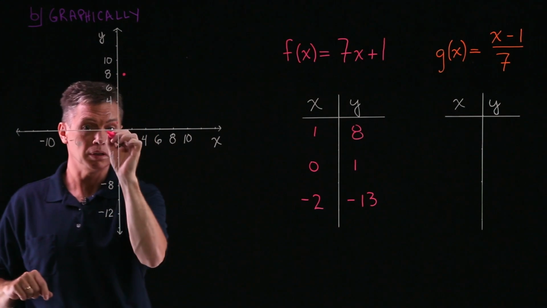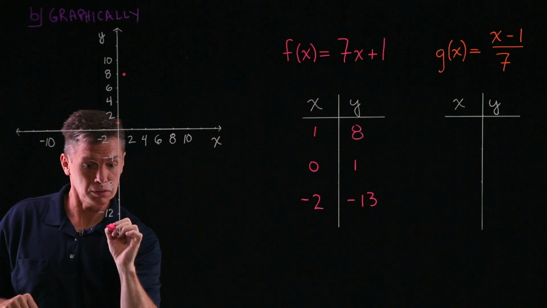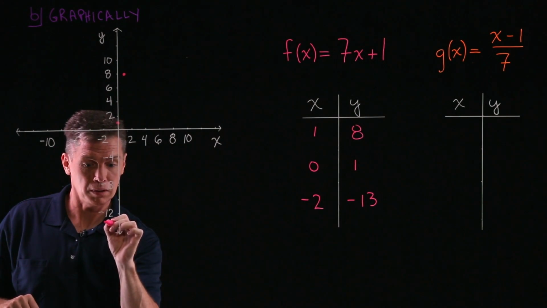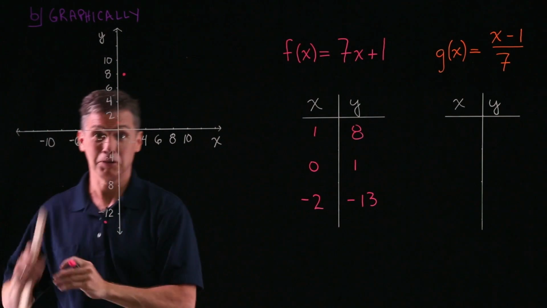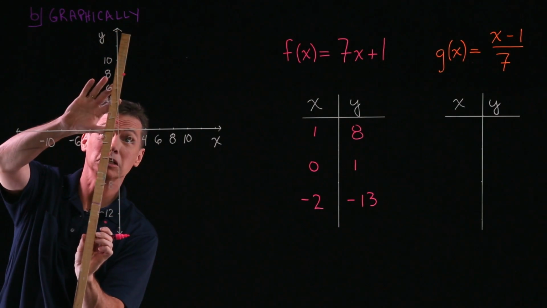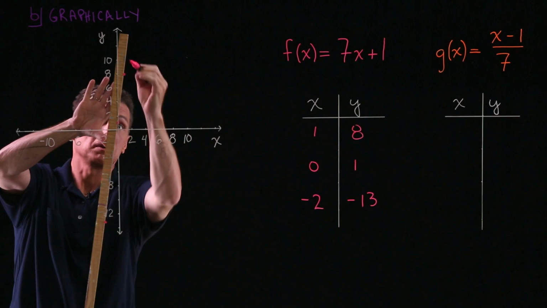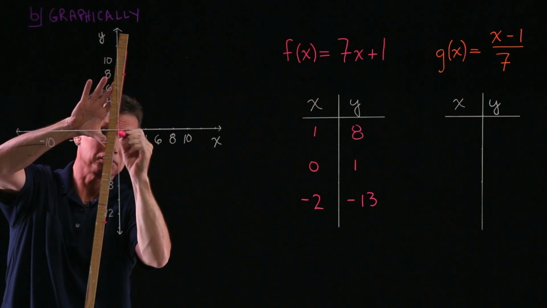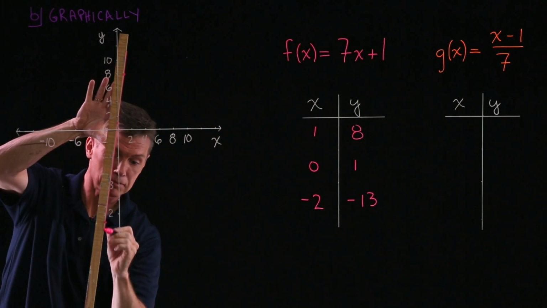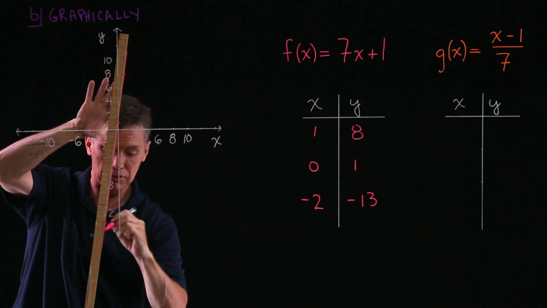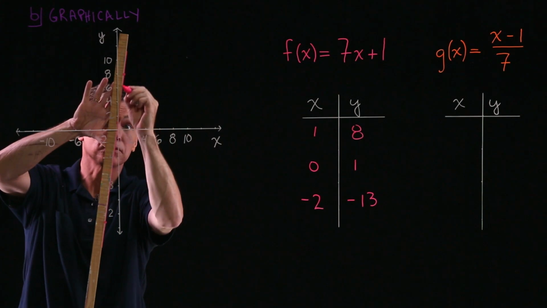And negative 2, negative 13 looks like it would be right about there. Let's see how I did. If they line up in a nice straight line, I'll graph. Looks pretty good, I think. All right, so there's my graph of f of x.